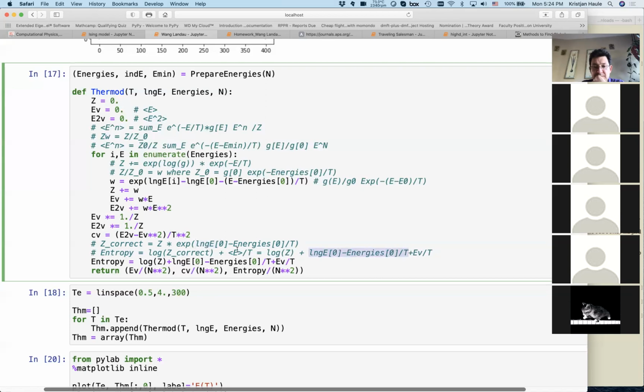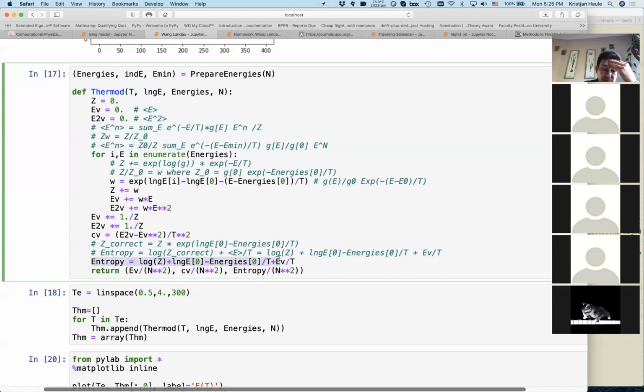And then we said that we need to add the average energy divided by T, and we add it here, and this is it. So this is the clear expression for entropy. We write this expression again: log Z plus the logarithm of the density of states at 0 minus the energy of 0 divided by T plus the total energy divided by T.